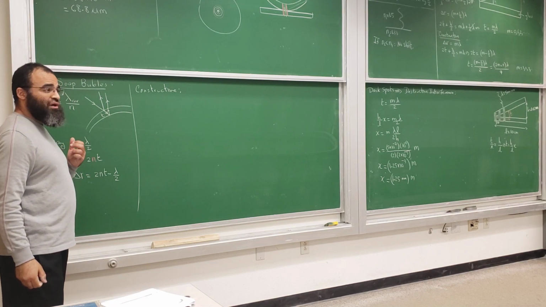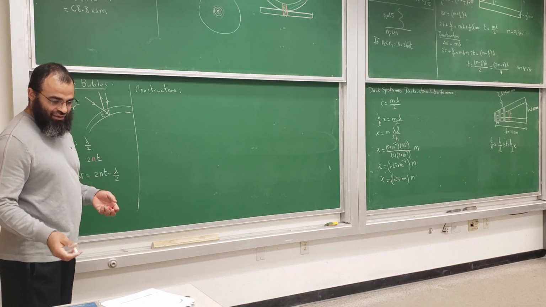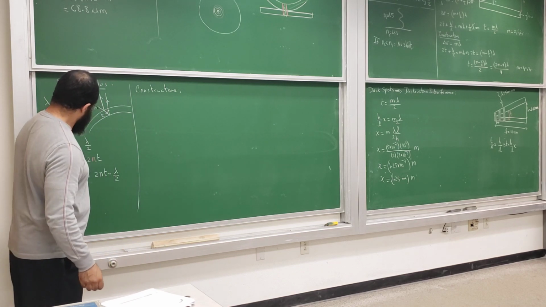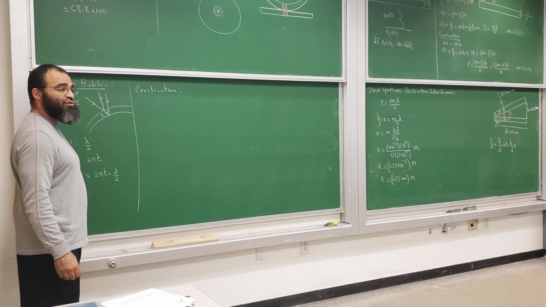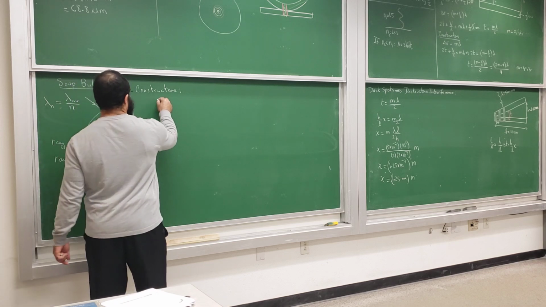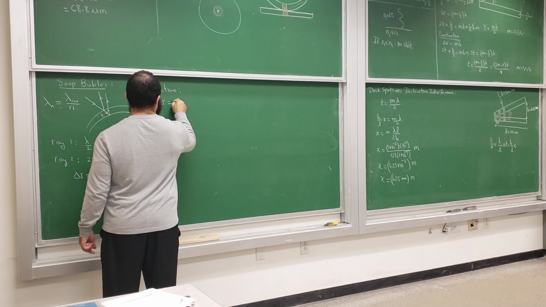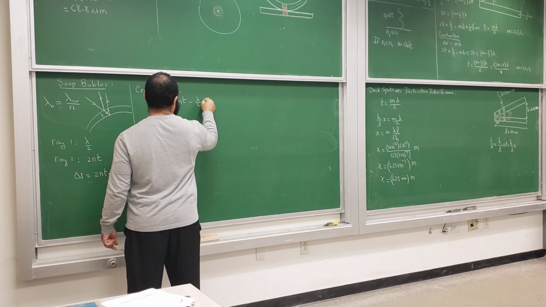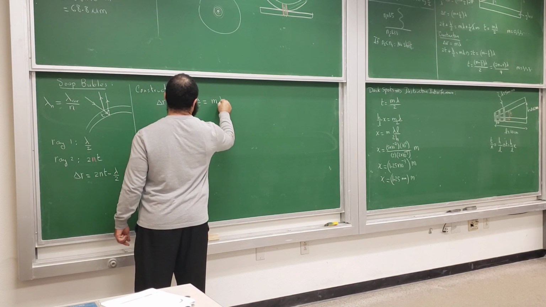I need this to be a multiple of lambda. Or if you like, 2 pi r over lambda equals m times 2 pi. If you cancel the 2 pi's, for constructive, I need delta r, which is 2nt minus lambda over 2, to equal a multiple of lambda.